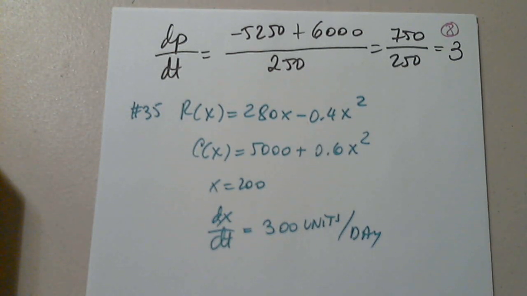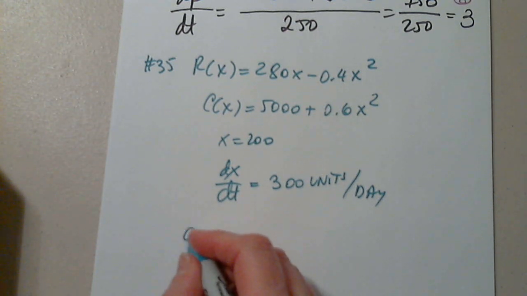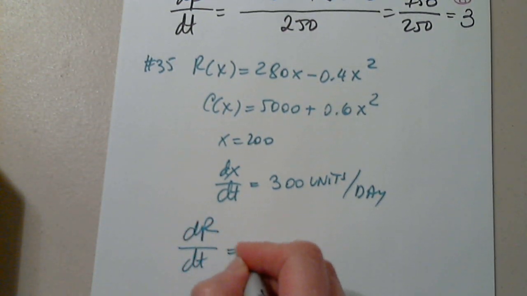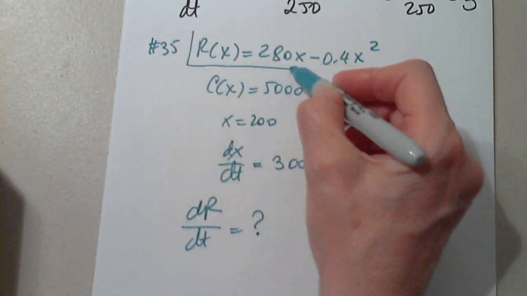Okay, let's find the revenue then. So they want us to find dr over dt. So this is the revenue.